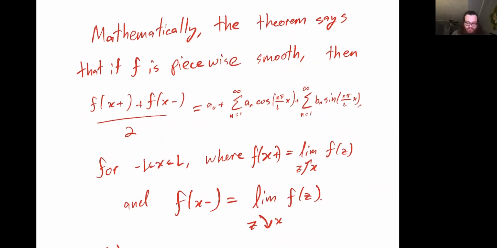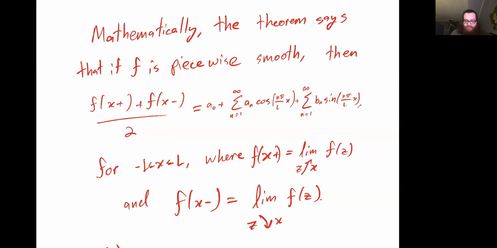So one thing to note is that, wherever f is continuous, the limit as z approaches either side is going to be the same. I mean, that's one definition of continuity. So if f is continuous, then this term right here is going to equal this term.